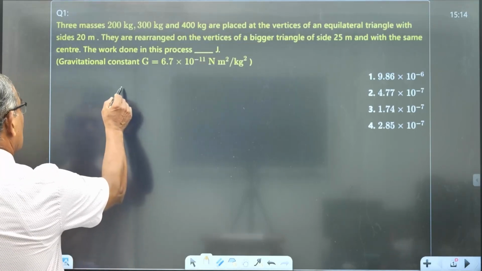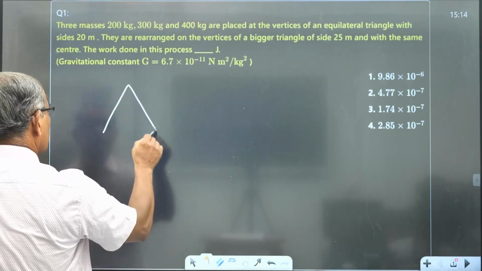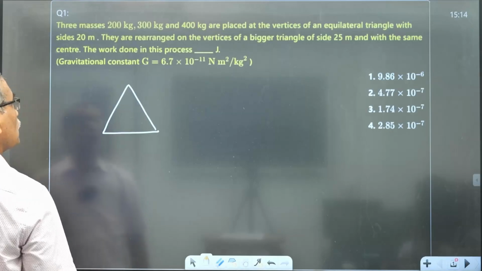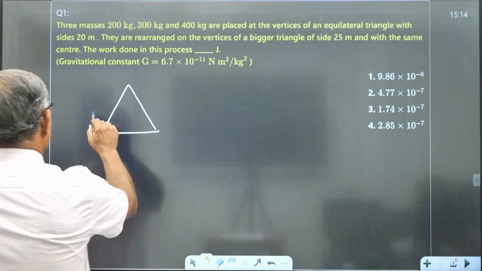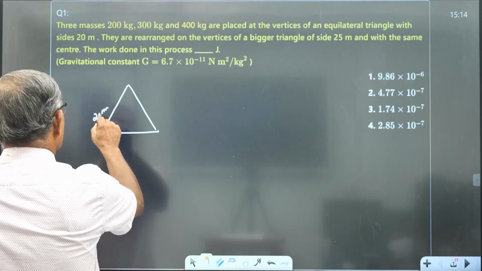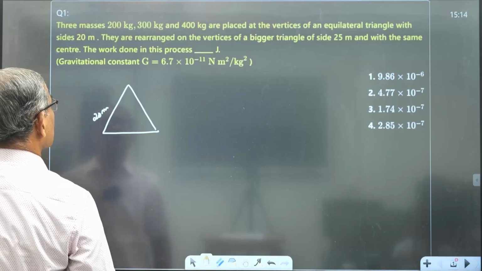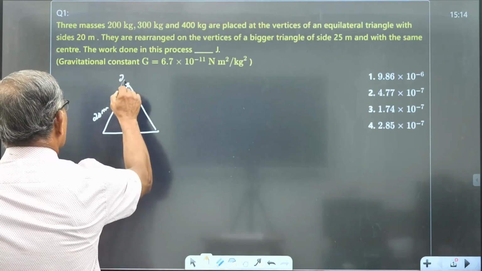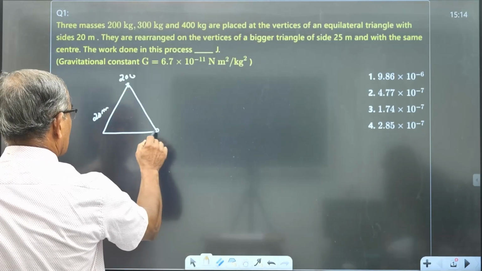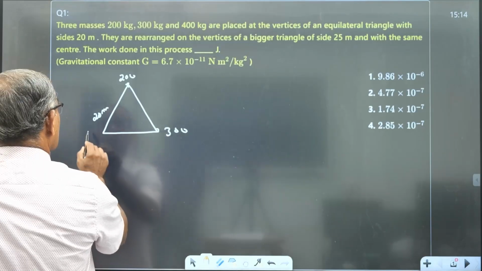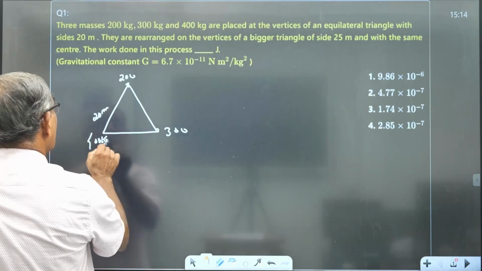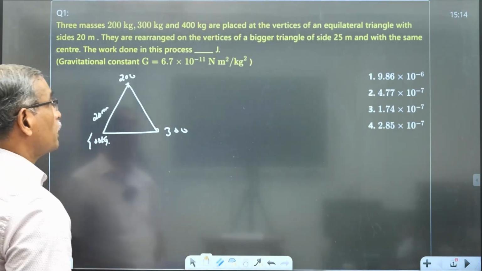Now, earlier, the arrangement we can draw like this. It's an equilateral triangle of side 20 meter, and three masses, 200 kilogram, 300 kilogram, and 400 kilogram. Separations are the same.